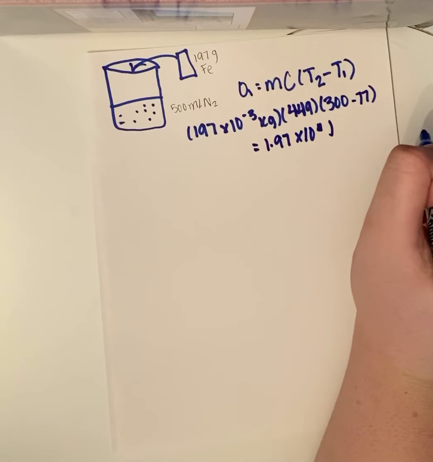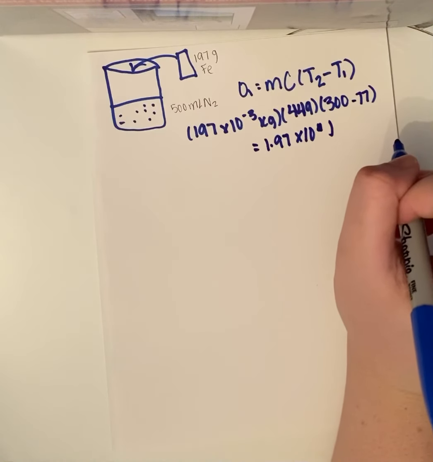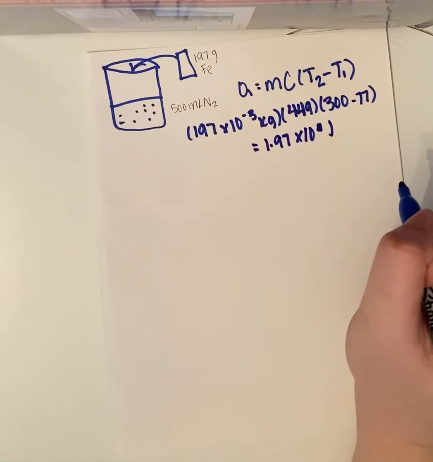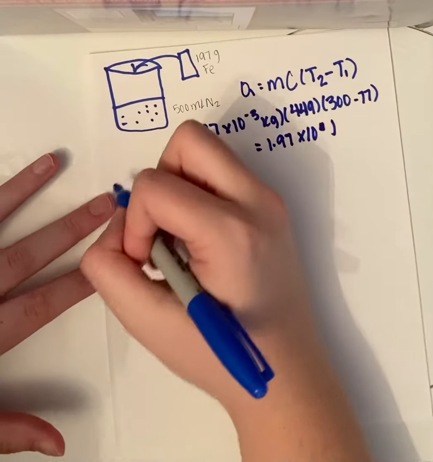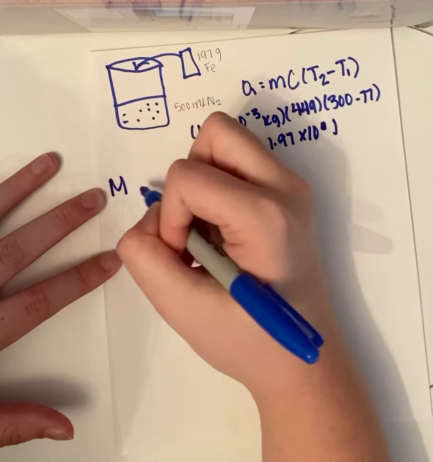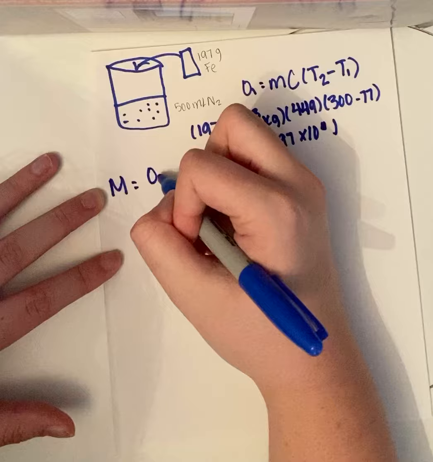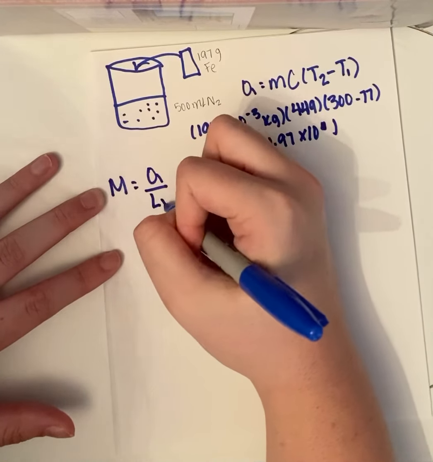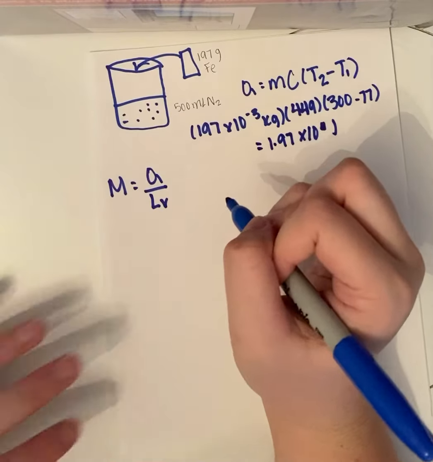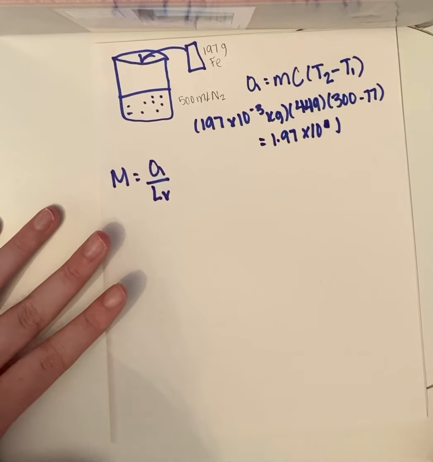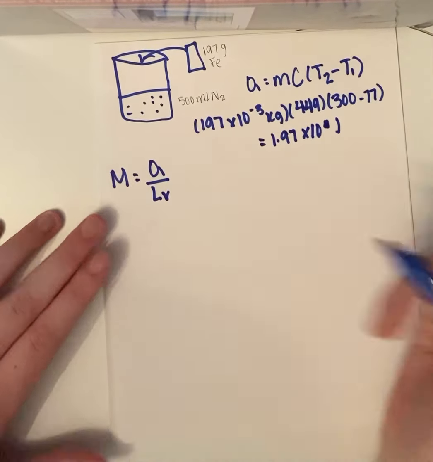Next, we're going to find the extra mass of nitrogen that is vaporized. In order to calculate that, we use Q over L_V. L_V is the heat of vaporization of liquid nitrogen, which is a value we look up.